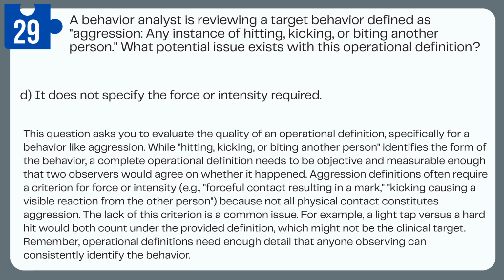Example, forceful contact resulting in a mark. Kicking causing a visible reaction from the other person, because not all physical contact constitutes aggression. The lack of this criterion is a common issue. For example, a light tap versus a hard hit would both count under the provided definition, which might not be the clinical target. Remember, operational definitions need enough detail that anyone observing can consistently identify the behavior.